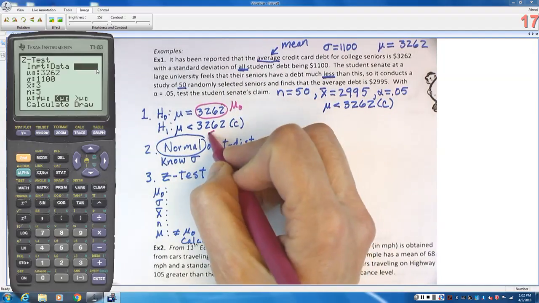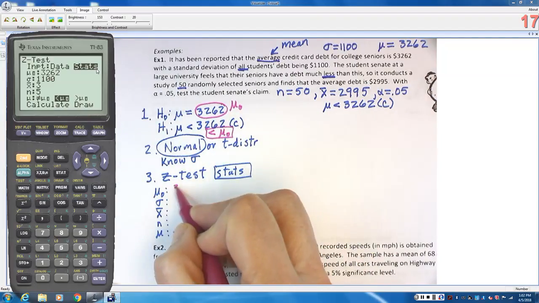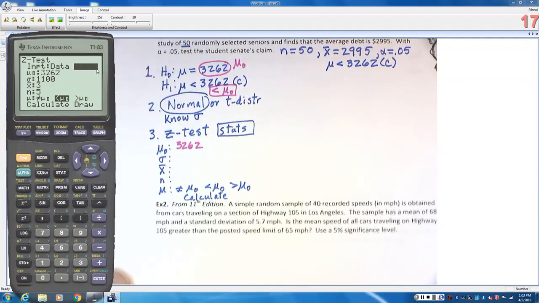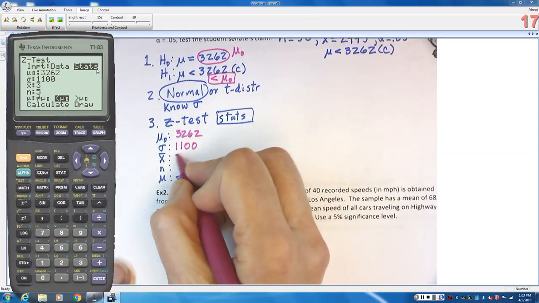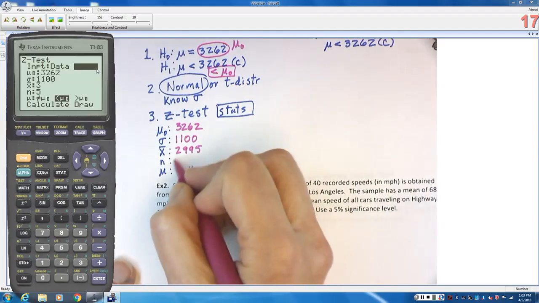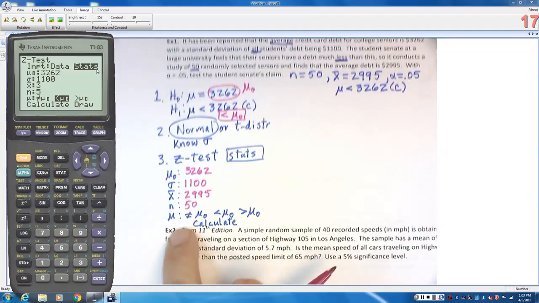And we're looking for less than mu 0. So we put 3262 in here. Sigma was 1100. X bar was 2995. N was 50. And here's where they're asking for what H1 is.